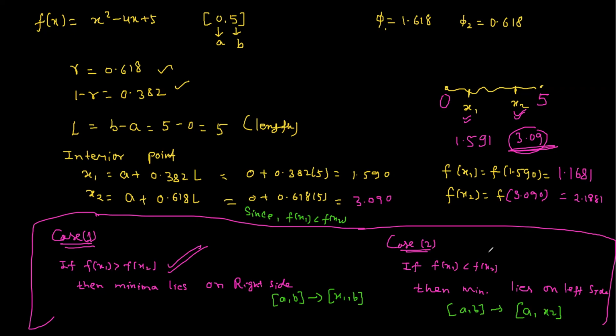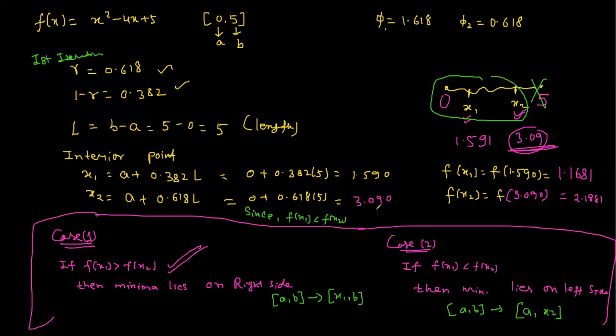Because f(x2) is greater, it means you will take which part? Discard the right side, because you will not go from x2 to 5, because your target is what? Finding the minimum value, right? Now this interval changes. This is the first iteration. Understood?